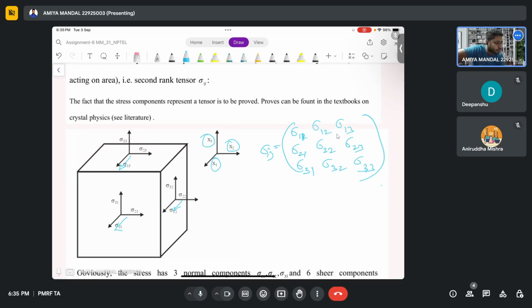In these cases, you can see sigma 33, 32, 13.